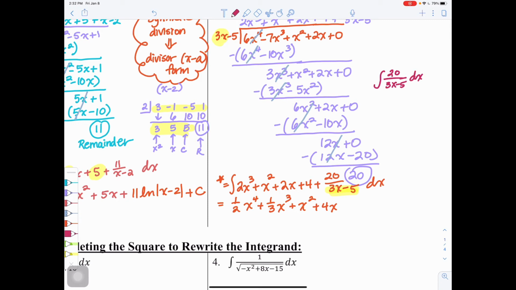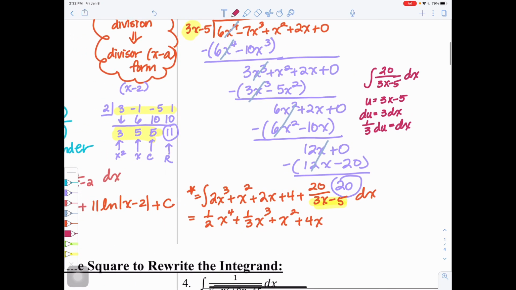You could let u equal 3x minus 5. So du is 3 dx, and so 1/3 du is equal to dx. So this integral is equal to 20 times the integral of 1 over u times 1/3 du. That's equal to 20 over 3 times the natural log of the absolute value of u.